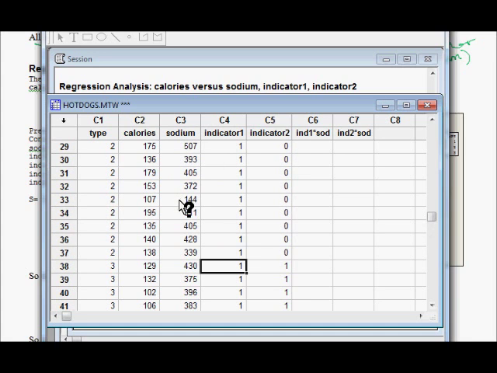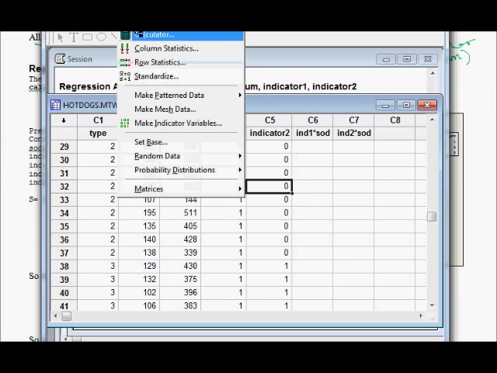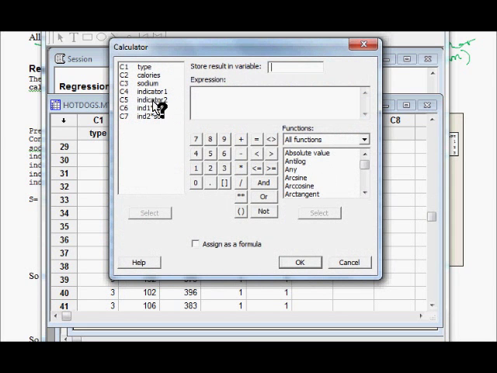If the indicator is 1, I'll have the sodium over here. But if the indicator is 0, I'll have 0 over here. So it's going to be zeros or the sodium values in these indicators times sodiums. So we can use calculator to create those. So for indicator 1 times sodium, I just take indicator 1 times sodium.